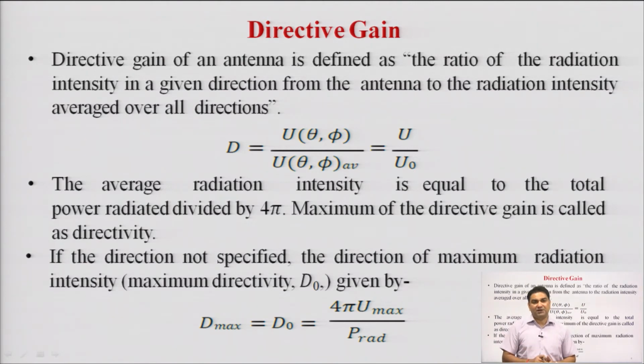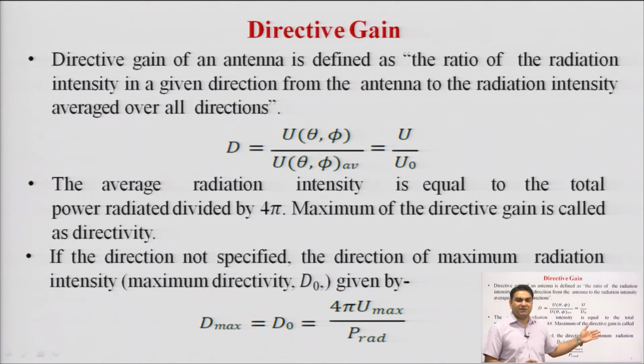gain of an antenna, and this gain has different kinds, with some properties changed, and on the basis of those properties we have classified the gain into three parts: directive gain, power gain and directivity. One very basic type of gain is known as antenna gain.